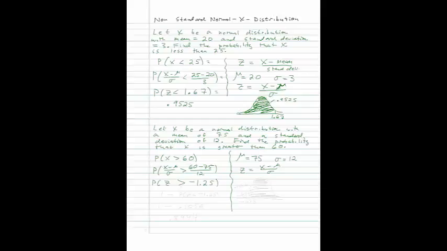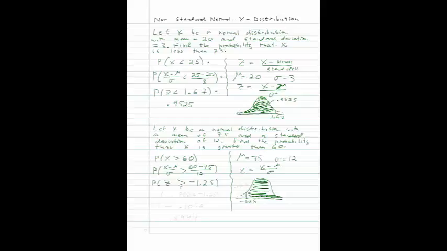So let's visualize that. We're going to take a look at a z distribution. Negative 1.25 is on the left side. But what we want this time is greater than. You'll notice our symbol here is greater than: z is greater than negative 1.25.